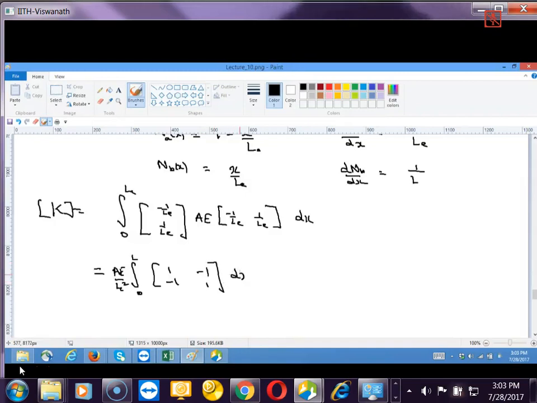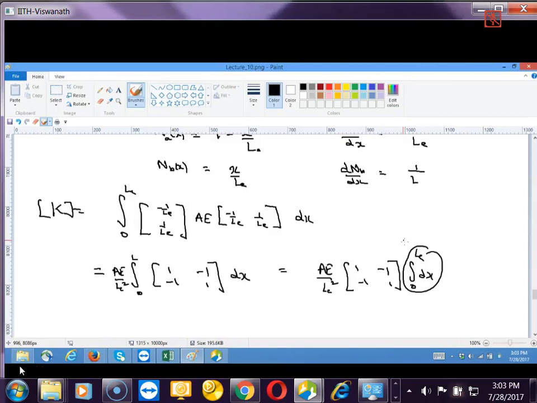Since this is independent of x, I can as well write it as AE by L square times 1 minus 1 minus 1 1, dx from 0 to LE. If I integrate this, I'll get an LE, and that LE gets cancelled with respect to this.